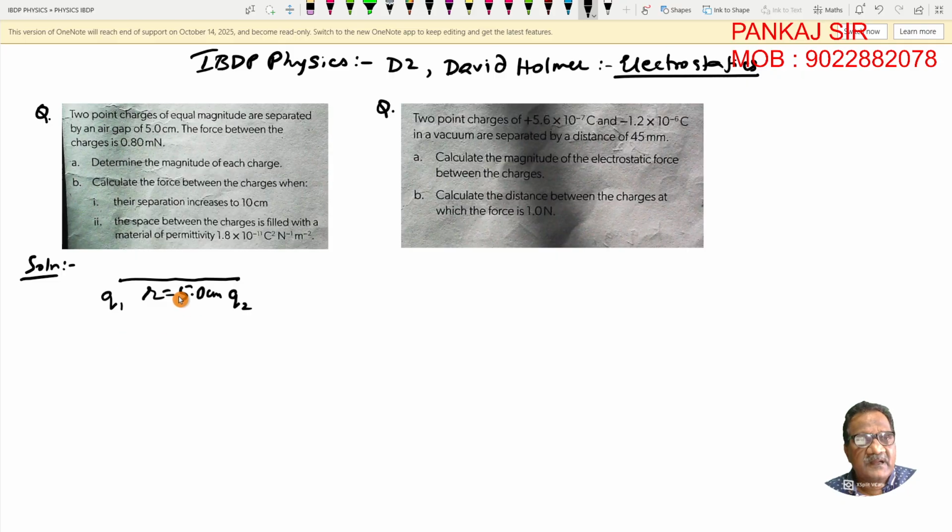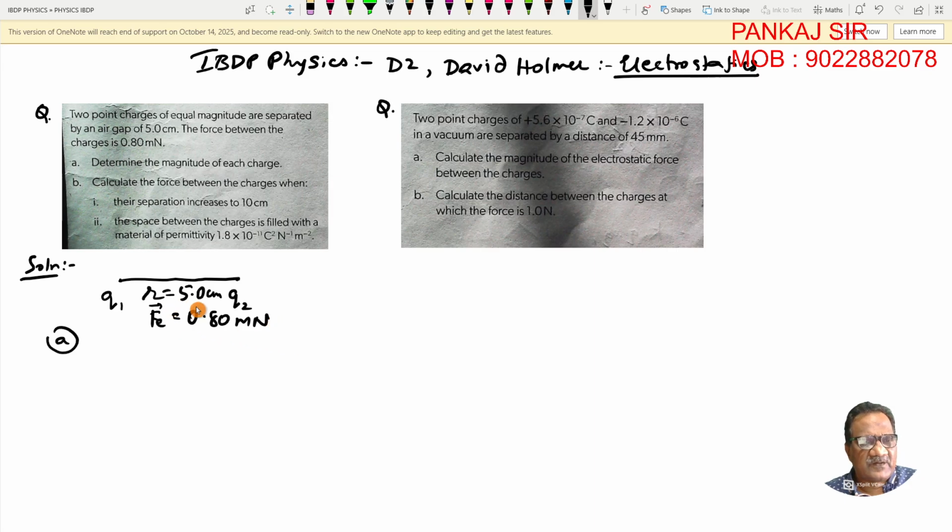And one more thing the question says is the force between them, Fe. Fe means electrostatic force between these two charges is 0.80 millinewton. With this information, you have to carry on. So A part of the question is determine the magnitude of each charge.